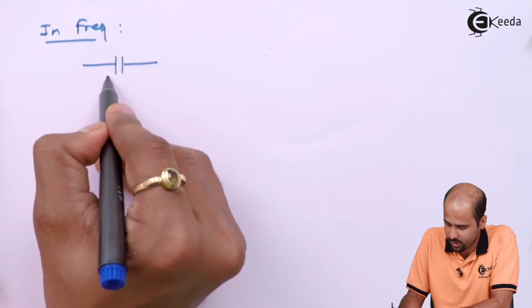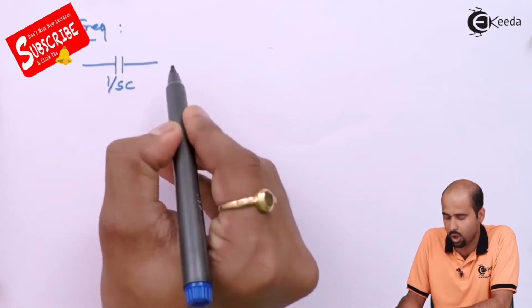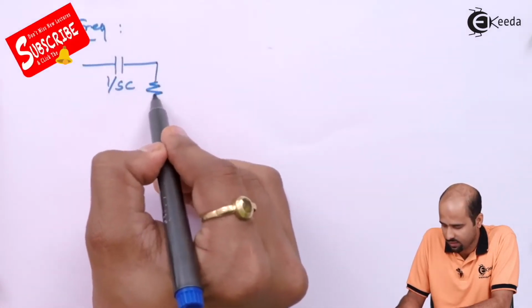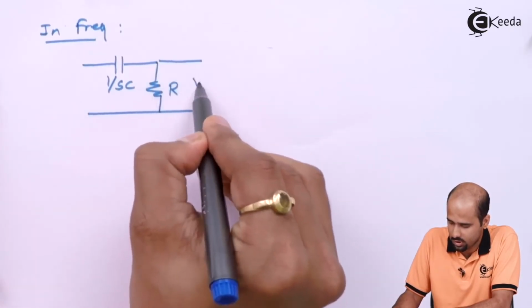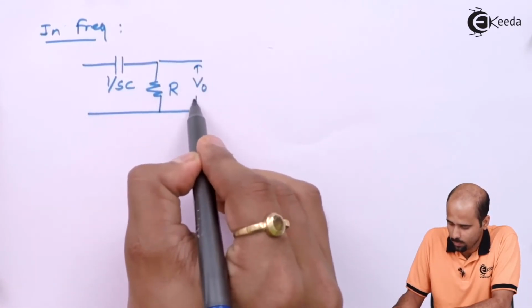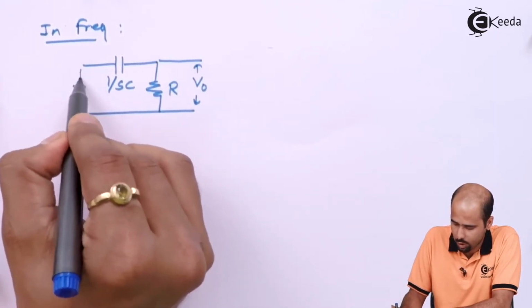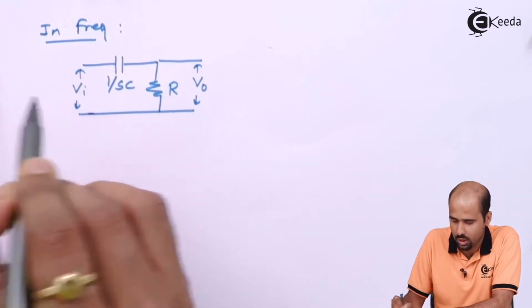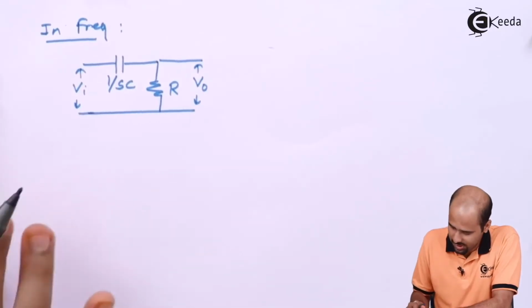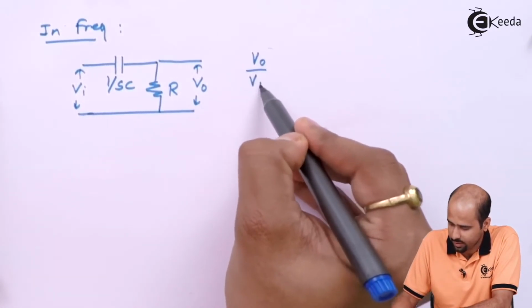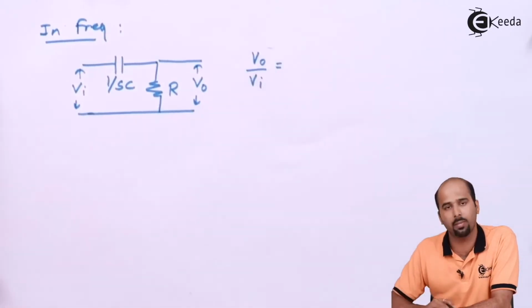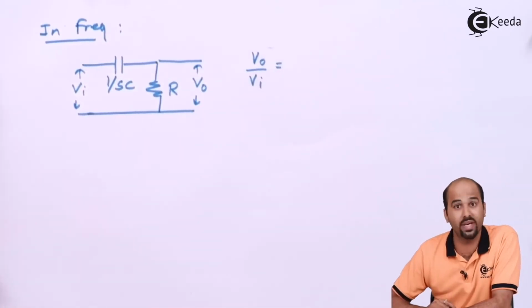So in the frequency domain, I will write it in terms of 1 upon SC, and this R will be as it is, that is R. This is VO and this is the input VI. As far as only this circuit is considered, I will just calculate VO divided by VI, and that can be obtained by using, yes, VDR.